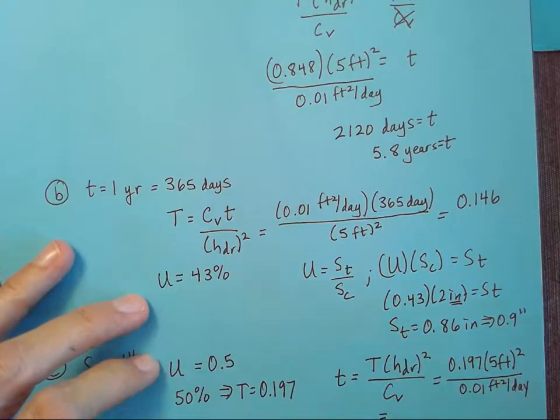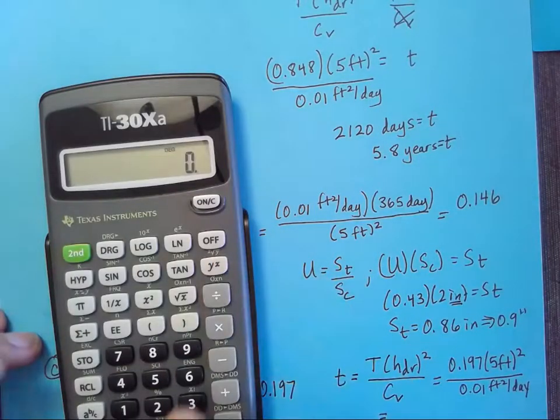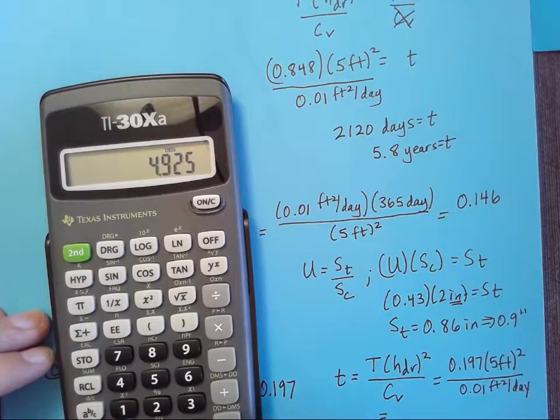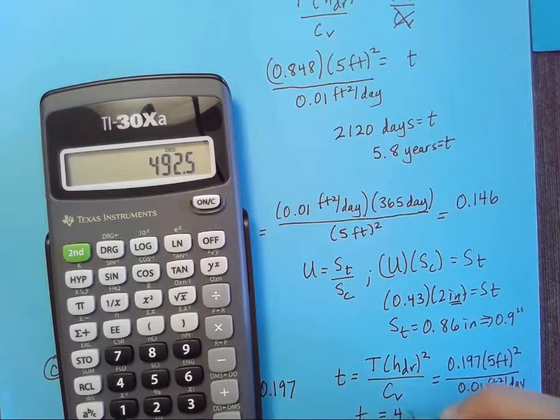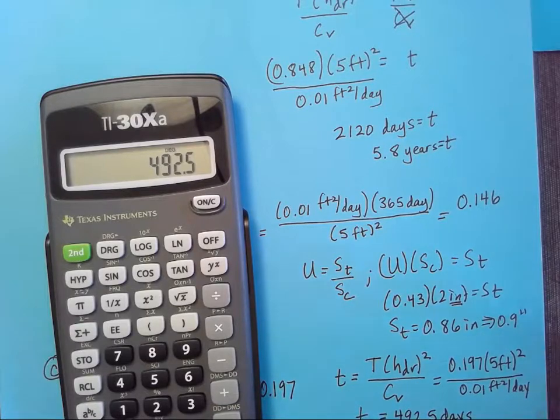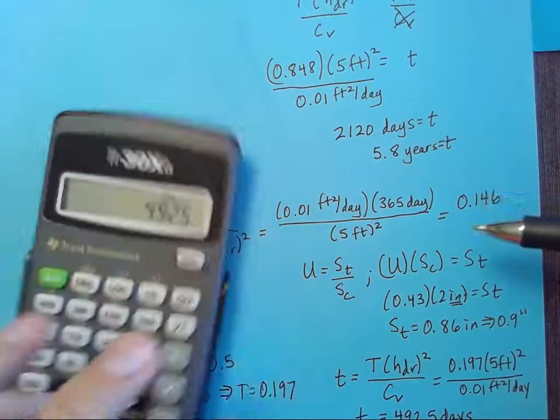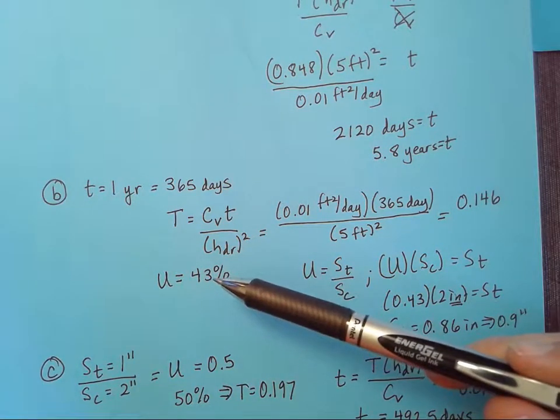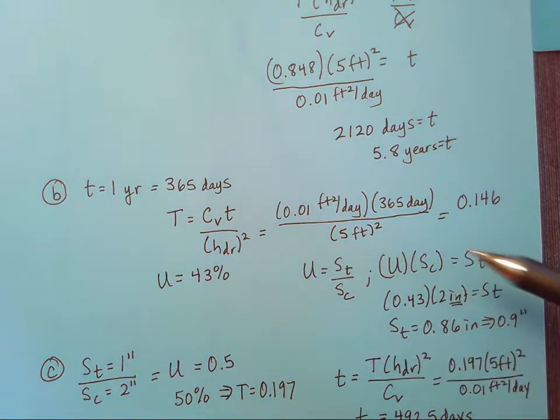So let's go ahead and put that into the calculator. 0.197 times 25, and we'll divide it by 0.01. And that gives us 492.5 days, which, just as we predicted, is going to be greater than a year, because remember we found that in a year we only got that 43% consolidation, which was only 0.9 inches.